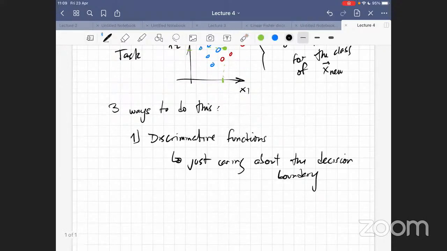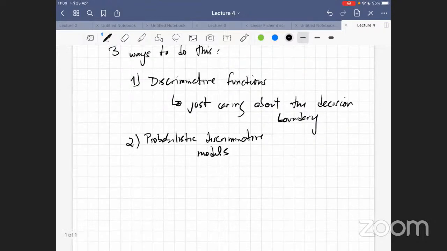Then there are probabilistic methods, and there are probabilistic discriminative models, and probabilistic generative models.